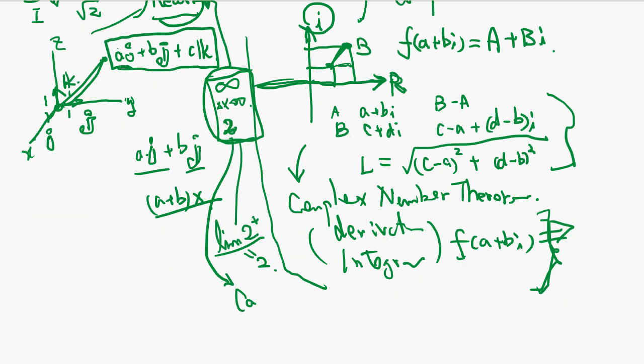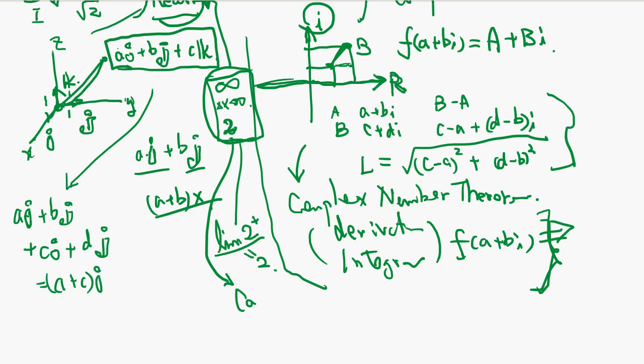Now we're talking about vectors. AI plus BJ, this vector, plus CI plus DJ, can be (A plus C)I plus (B plus D)J.